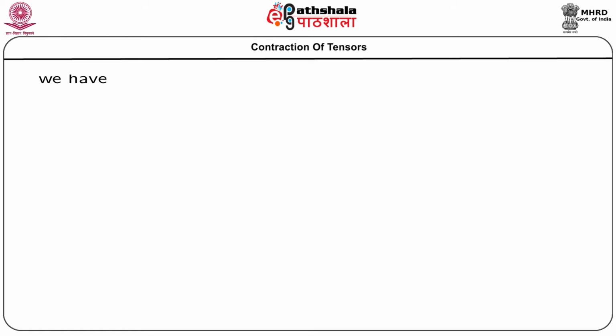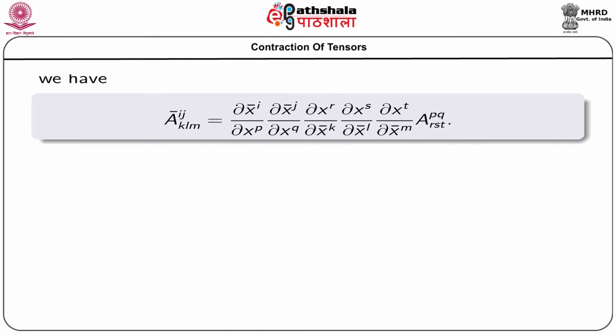For example, let us take a tensor of type (2,3), that is a mixed tensor of type (2,3), where the contravariant indices are i, j and the covariant indices are k, l, m. Then by the transformation law of the tensor of type (2,3), we have A-bar^{ij}_{klm} equals ∂x-bar^i/∂x^p, ∂x-bar^j/∂x^q.